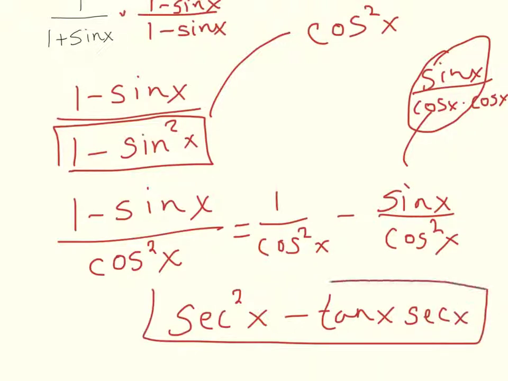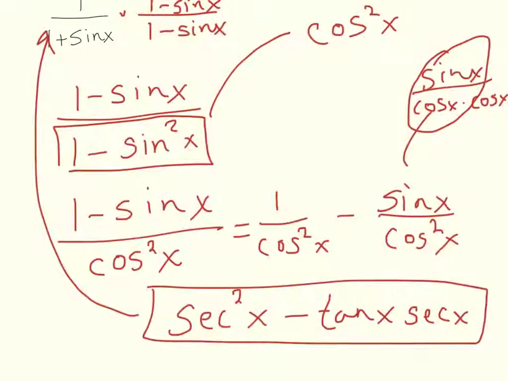So we have rewritten this 1 over 1 plus sine x into an expression that is the exact same, but it's not written as a fraction. And so these two expressions are equivalent.